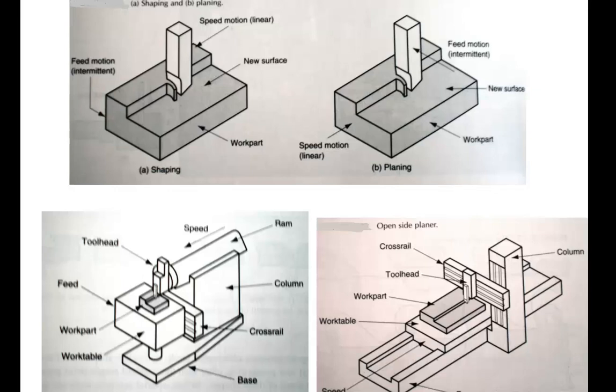Here, this slide is to remind you of the difference between shaper and planer. In the shaping process, we use the crank shaper. It is the commonly used cutting machine.